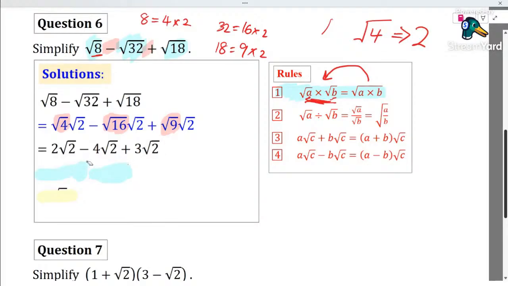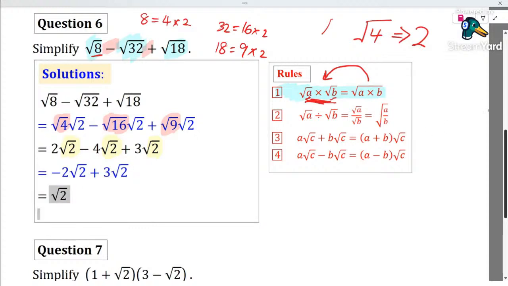So guys and girls, what do we have for the result here? Let's see. Now all of them happen to be the same roots. For the operation plus and minus, I have 2 minus 4 plus 3, and I have the result as follows, square root of 2.